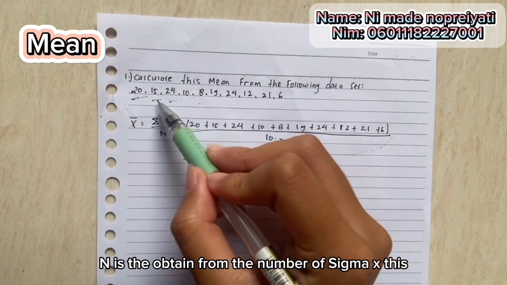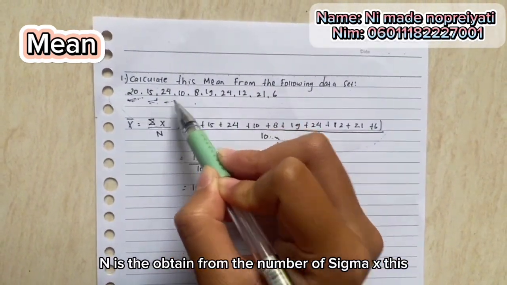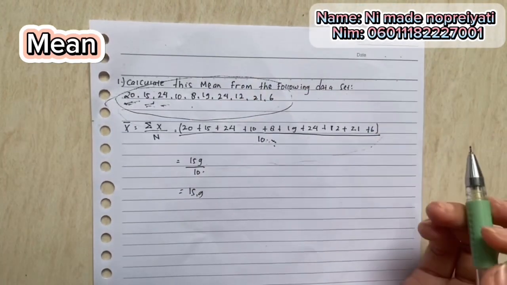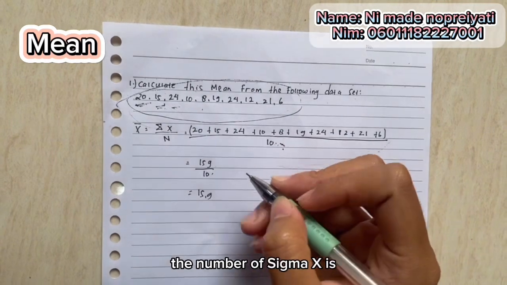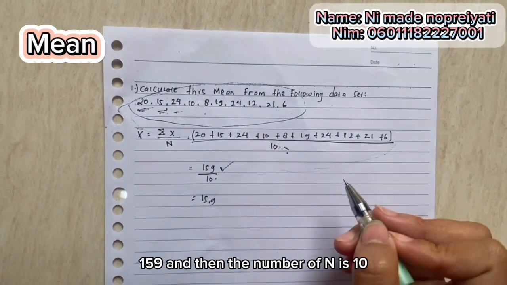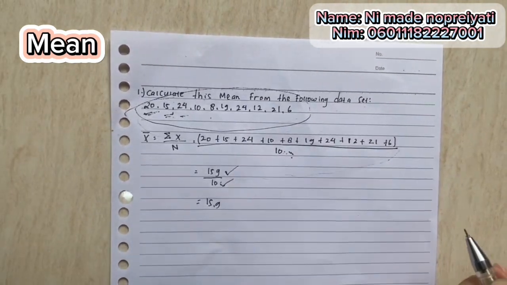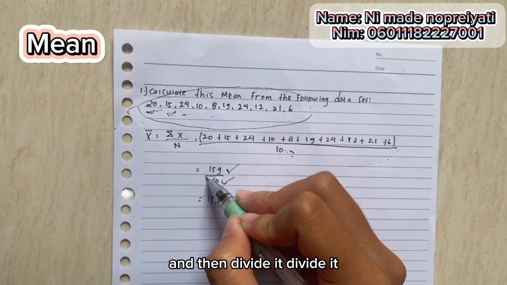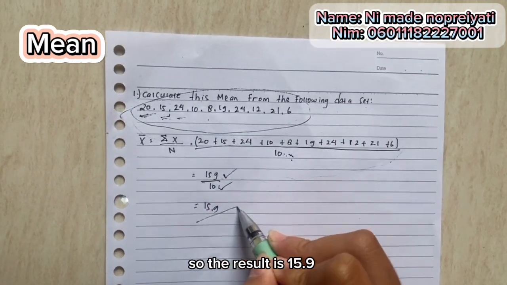N is obtained from the number of sigma x. The number of sigma x is 159, and then the number of n is 10, and then divide it, so the result is 15.9.